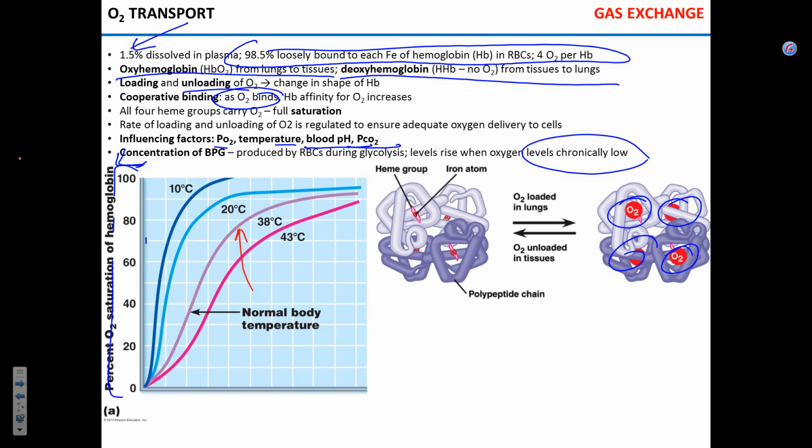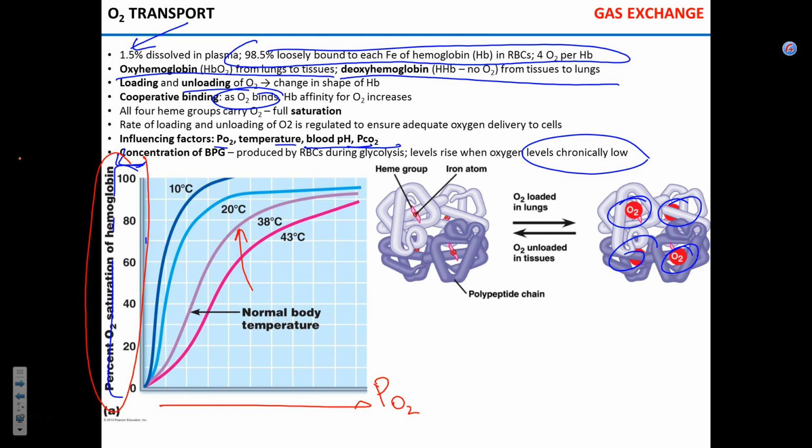So this is the hemoglobin dissociation curve. Now, what is on the y-axis? The percent of saturation. And what is on the x-axis? That I can tell you. It's the partial pressure of oxygen, basically the oxygen concentration.